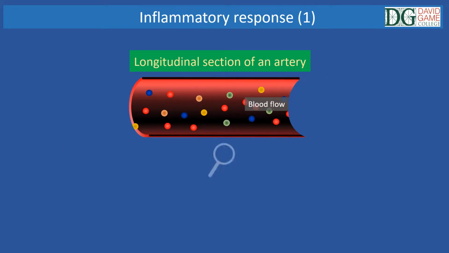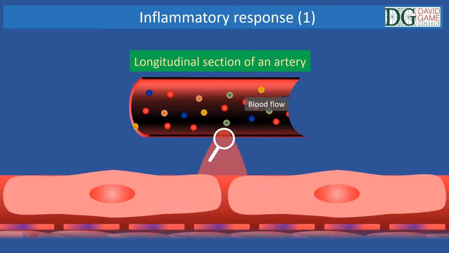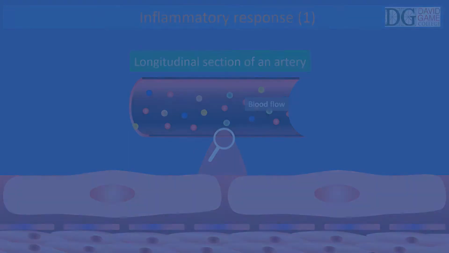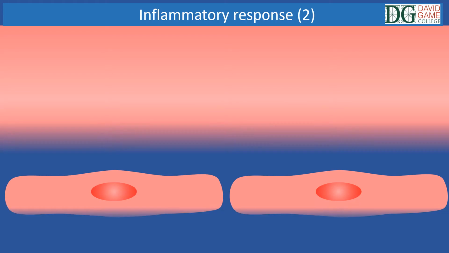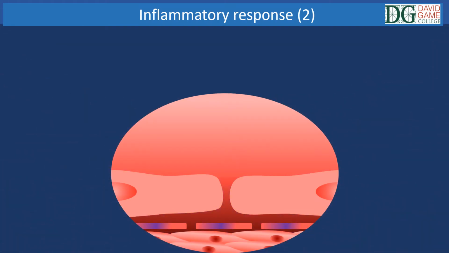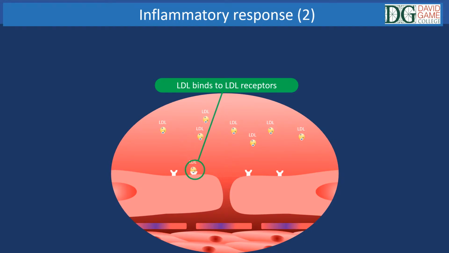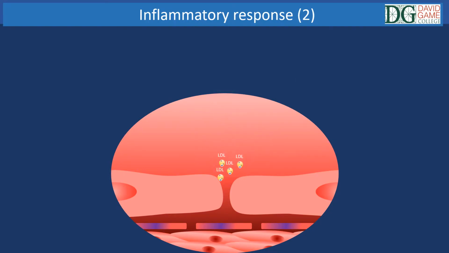Now let's focus on the inflammatory response occurring in the artery walls. LDL cholesterol binds to the LDL receptors and is absorbed through endocytosis. However, when the level of LDL cholesterol is high, it exceeds the regulatory capacity and crosses the endothelial barrier.